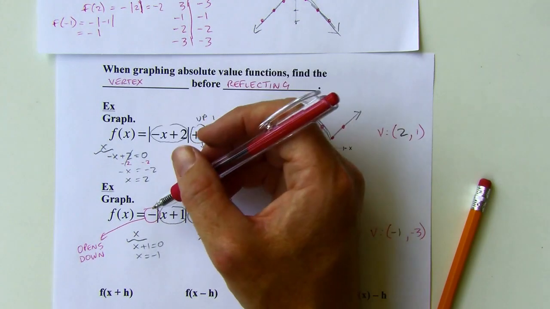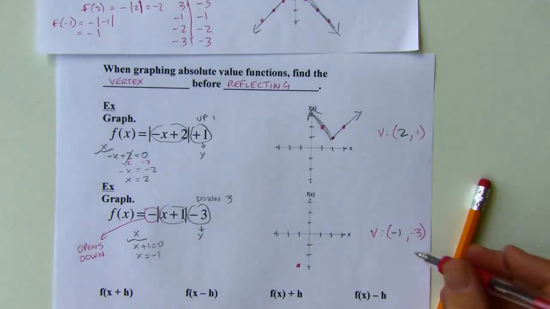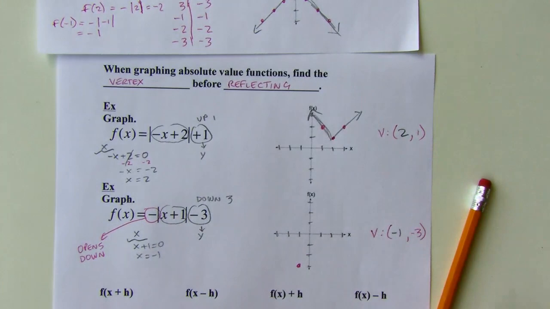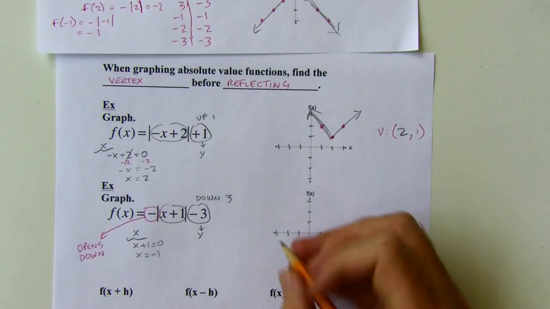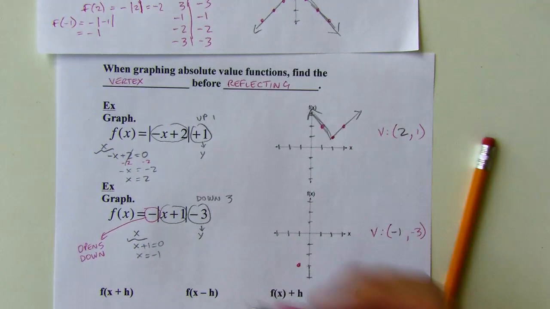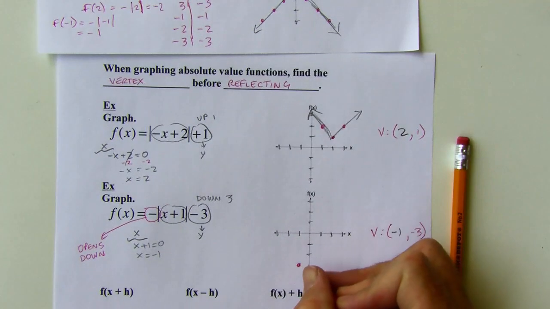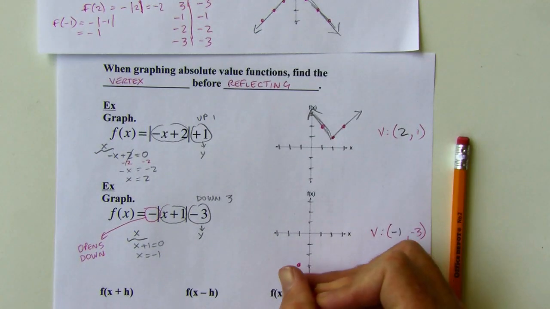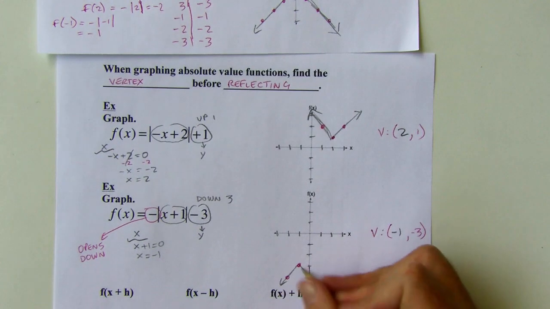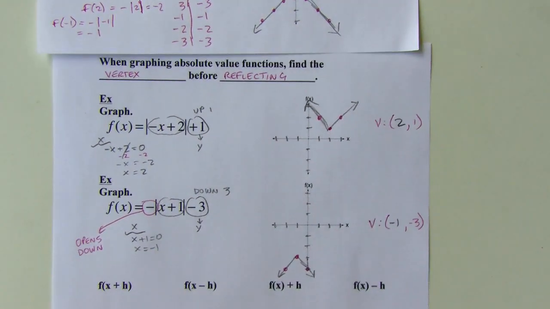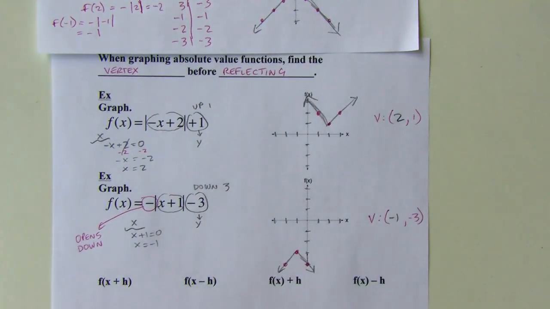This one's going to open downwards, and unfortunately I didn't leave myself too much space here. I'm going to have to go off the graph a little bit, but oh well. So I'm going to go right one, down one, and left one, down one, and this is going to look like that. And again, if you don't believe me, you can always do an XY table to find some points and figure it out.